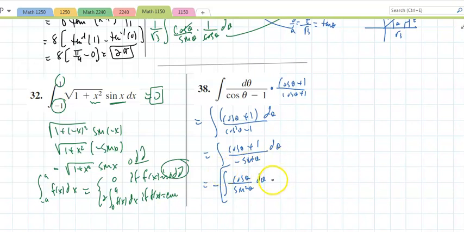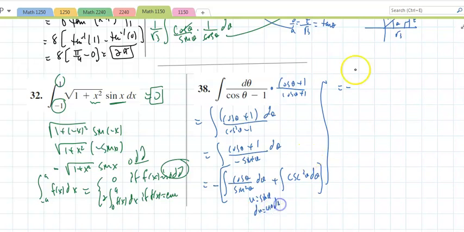Take the negative up front, plus the integral of cosecant squared of theta d theta. I'm going to split those up. Negative, if I let u equal sine of theta, du is cosine of theta d theta. So this is the integral of u squared du, nothing more.